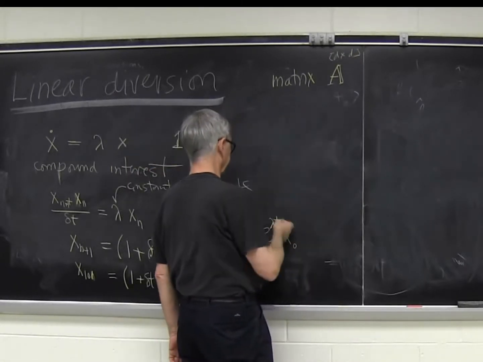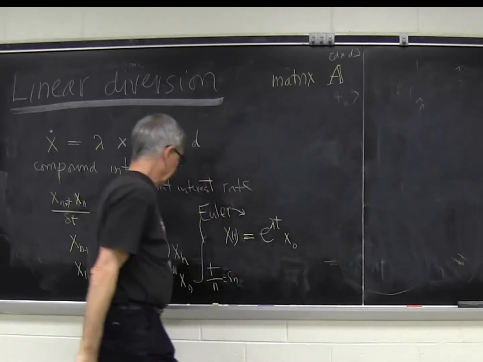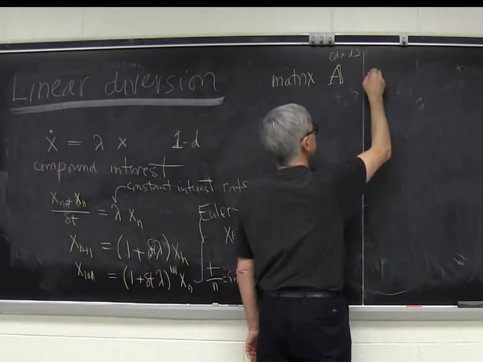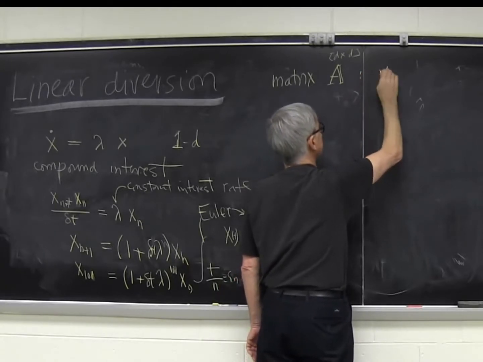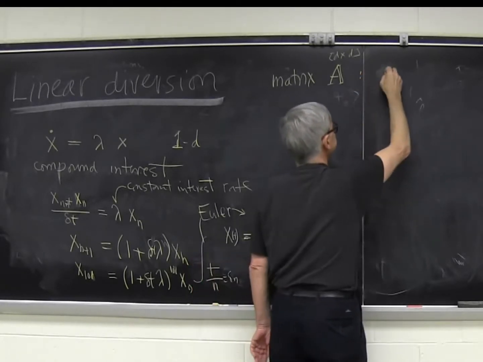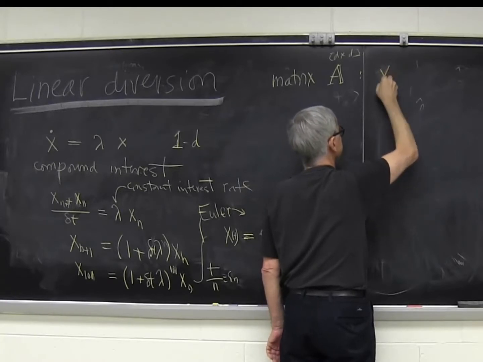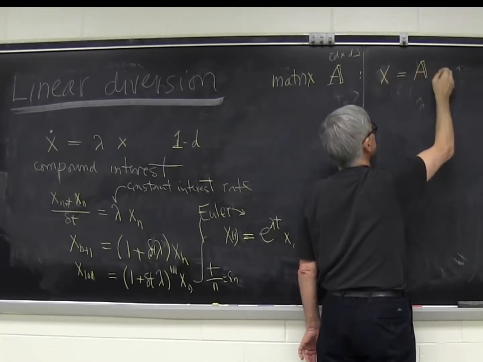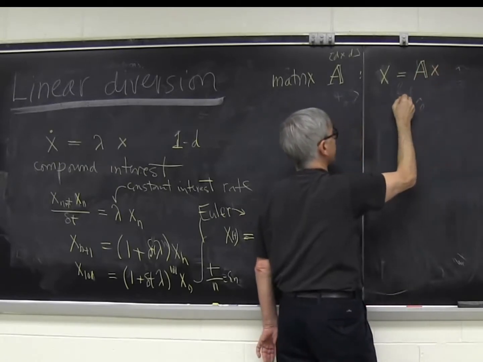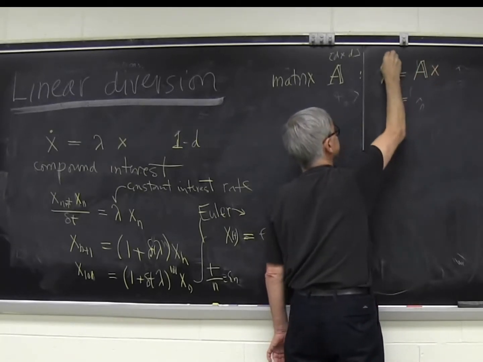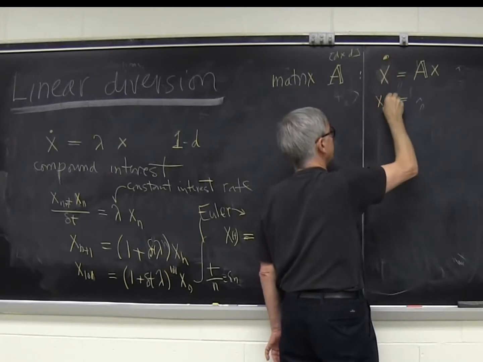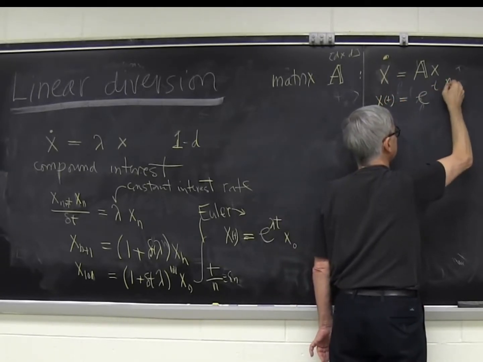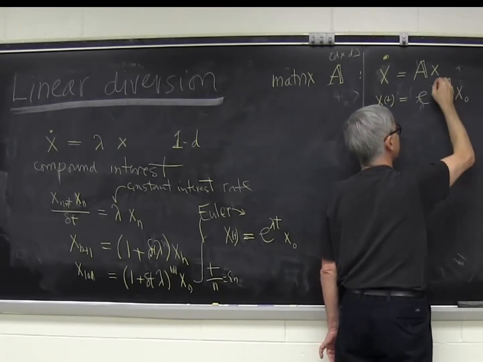And if you go through the steps, this is one of the definitions of the exponentials. So the equation x-dot equals A x, with x a d-dimensional vector, has a solution x(t) = e^{tA} x(0).